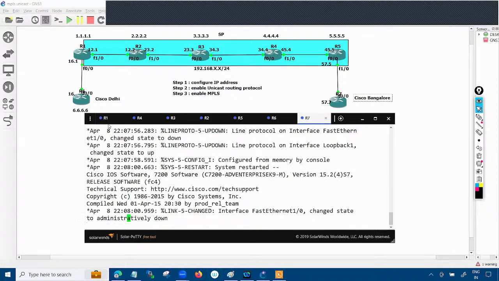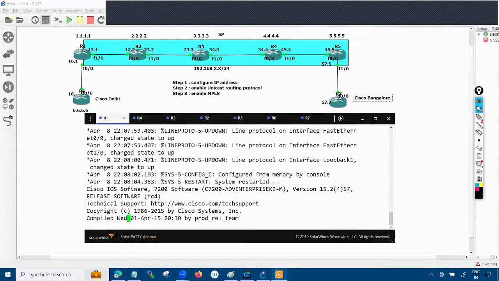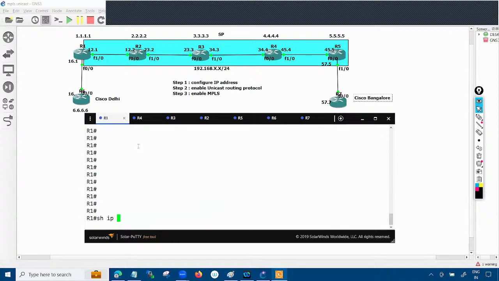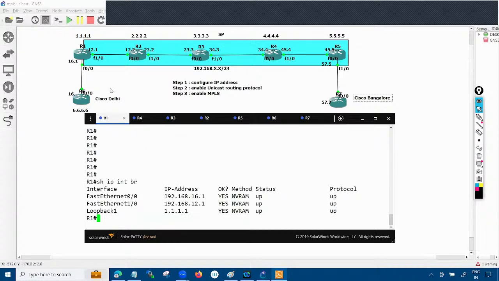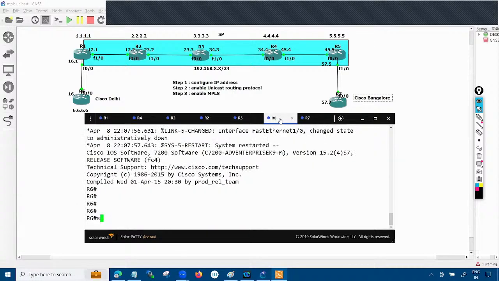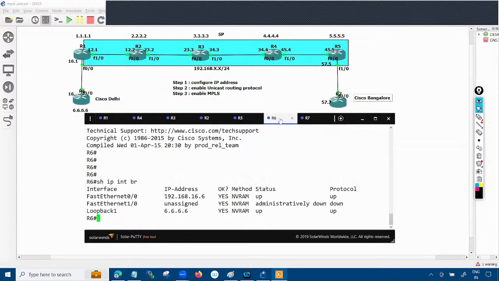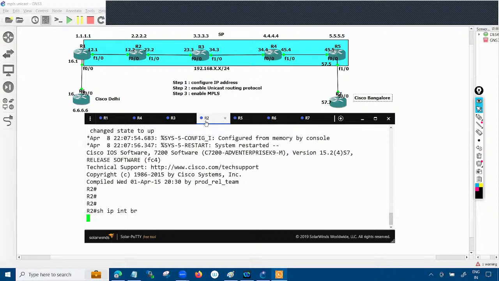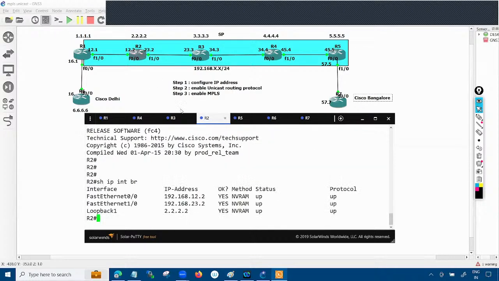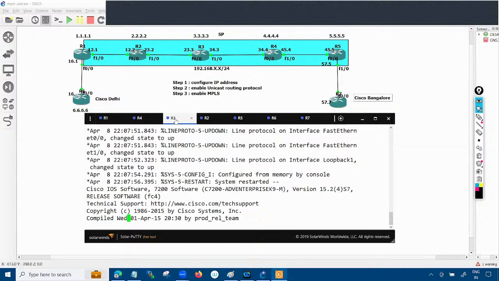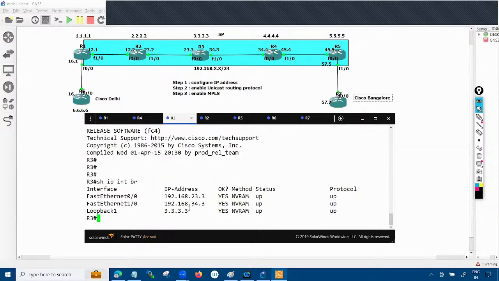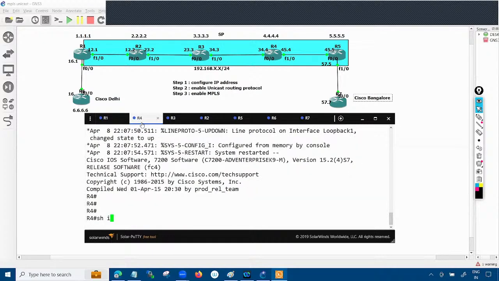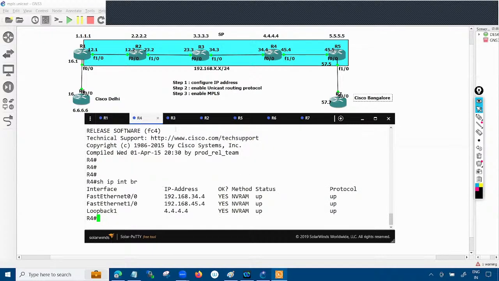Let me check whatever IP configuration I have on router 1. So, show ip interface brief. Oh, I have a configuration. You can see router 1. On router 6 also we have router 2. Now let's go back to router 2. Show ip interface brief: I have 12 and 23. On router 3 we have 23 and 34, and 3.3.3.3. After that, 34 and 45 and 4.4.4.4.